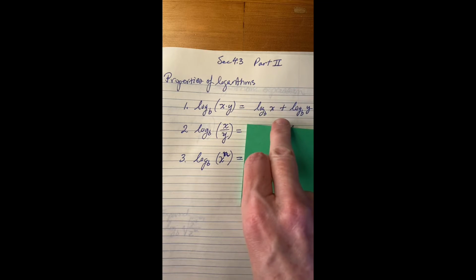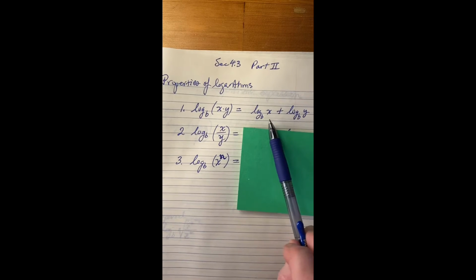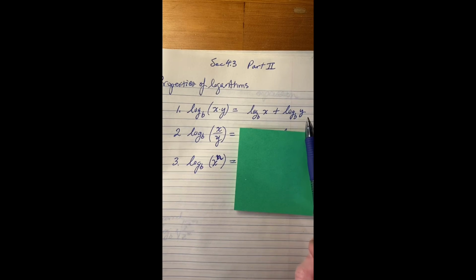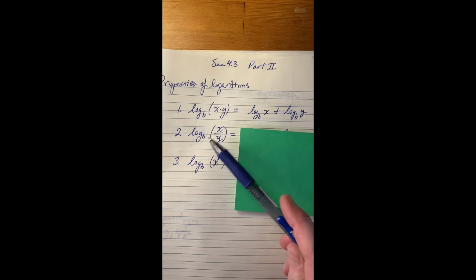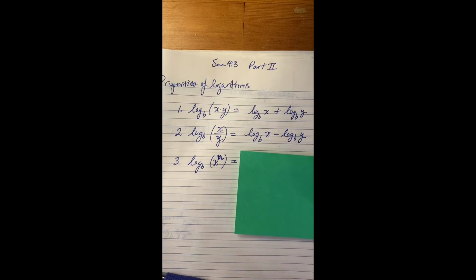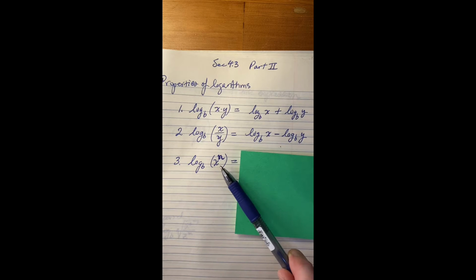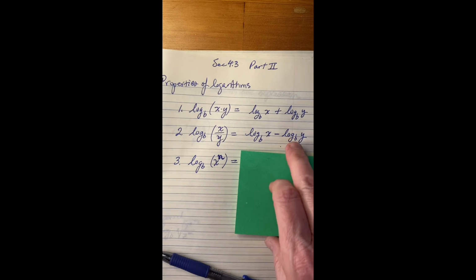So for example, the log base b of a product x times y is just the sum of the log base b of x plus the log base b of y. The log base b of division looks almost exactly like that, just has subtraction going on between those two. And the big win, the log base b of an exponential expression, which was really hard to calculate by hand, is much easier now.